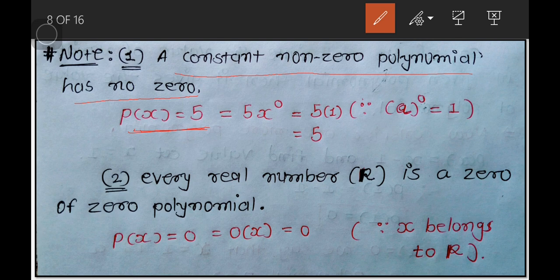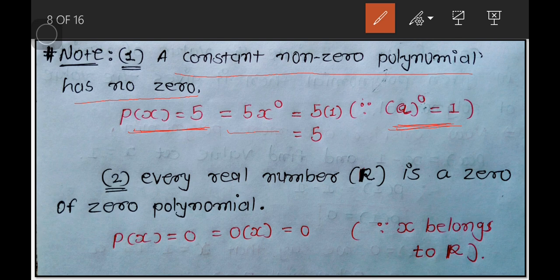We can also write p of x is equal to c, which is c times x raised to 0. Any variable or number raised to the power 0 is always 1. So if we put any value as x, we always get 1.